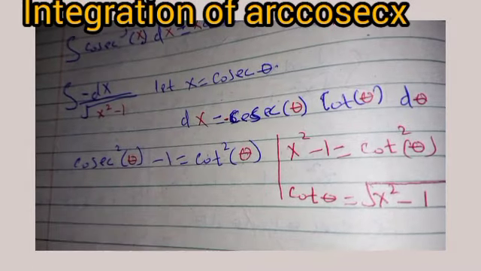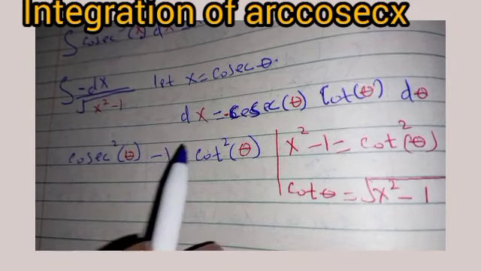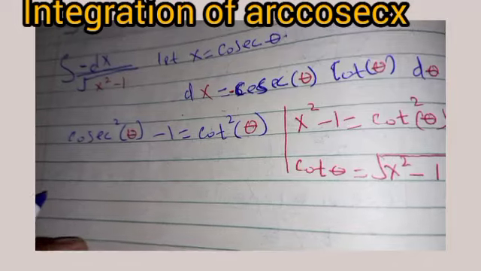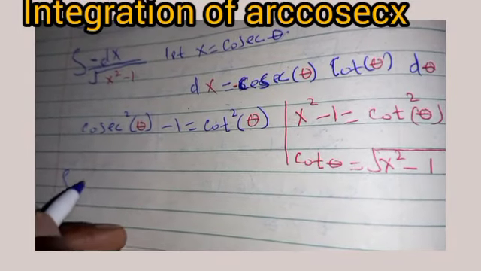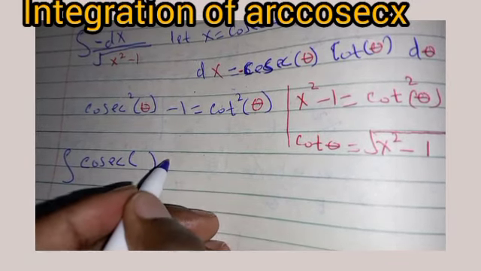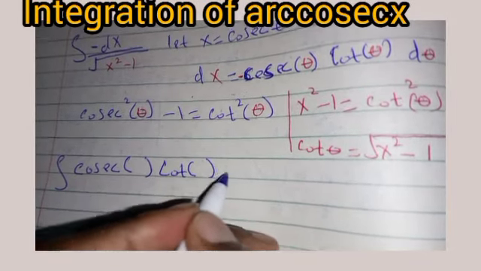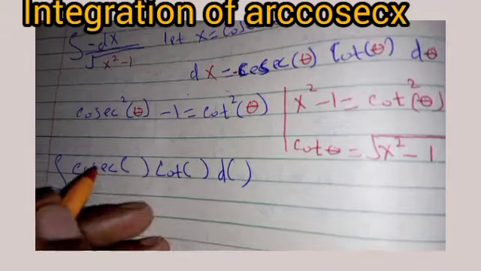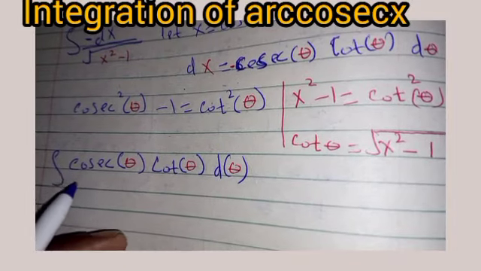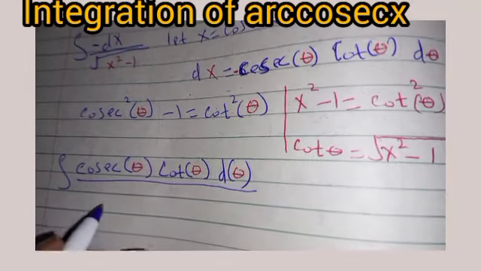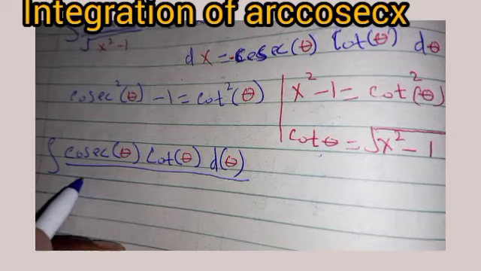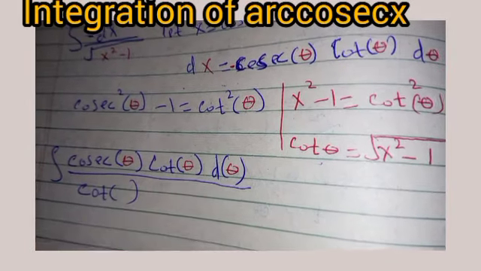So we substitute in this formula. Instead of dx, we are going to write the integral of cosec of theta multiplied by cot of theta d theta, everything here divided by, instead of the square root of x squared minus 1, cot theta.